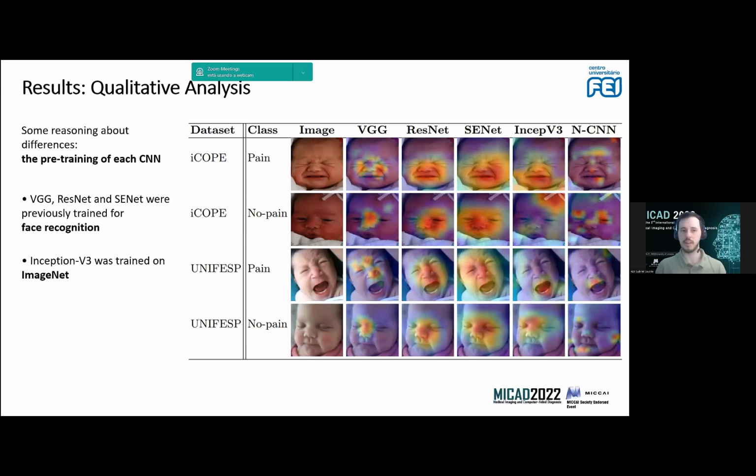So it probably doesn't know how to extract specific facial features. In ours, the NCNN had no prior training, no prior knowledge. And the iCOPE and UNIFESP datasets were certainly not enough to train this model from scratch. We couldn't exploit its full potential.